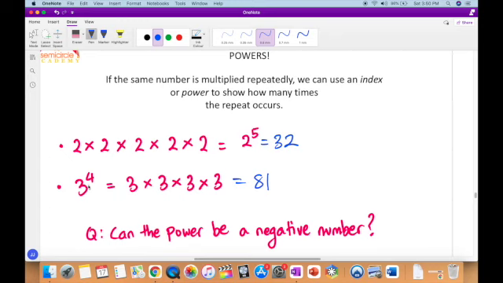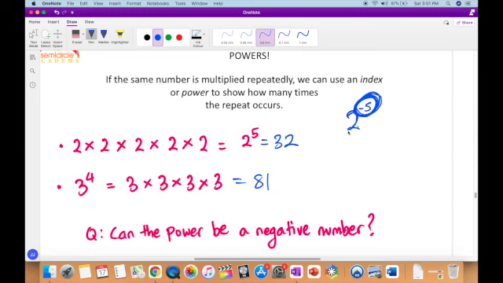Can the power or the index, which is this, be a negative number? Arisa, do you think that the power could be a negative number? But how could you, if I have 2 to the negative 5, how can I multiply 2 by itself negative 5 times? Right. The answer is yes, you can have a negative number.